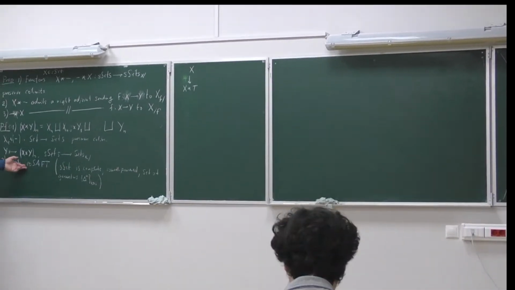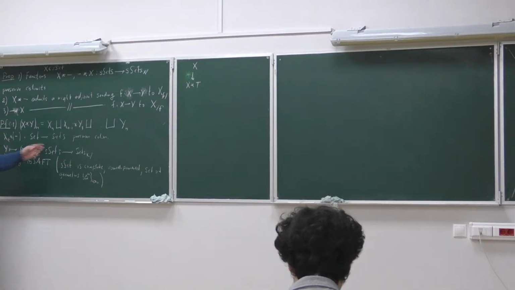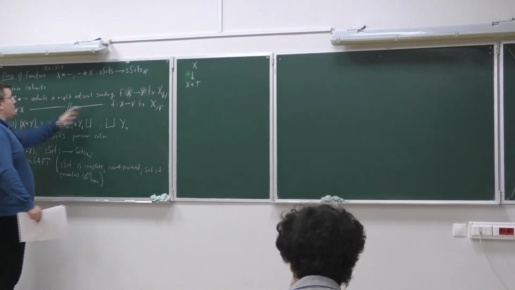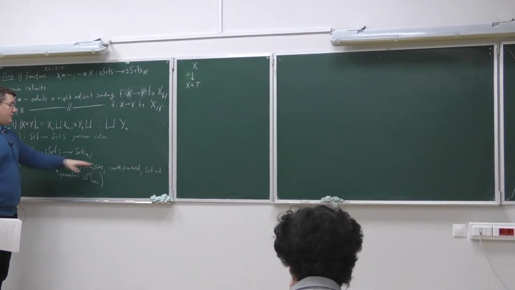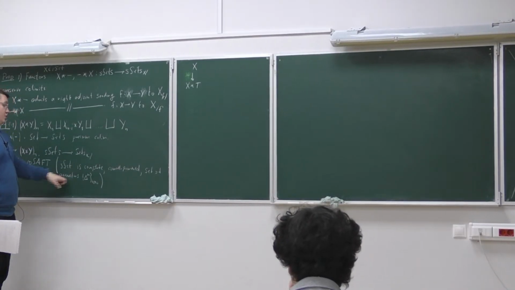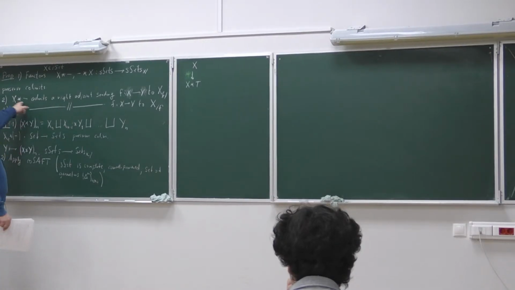The statement of the co-SAFT theorem is that if you have a functor between two categories, the domain category satisfies these three conditions, is complete, co-well-powered, has a generating set, and the functor preserves colimits, then the conclusion is that it admits a right adjoint.